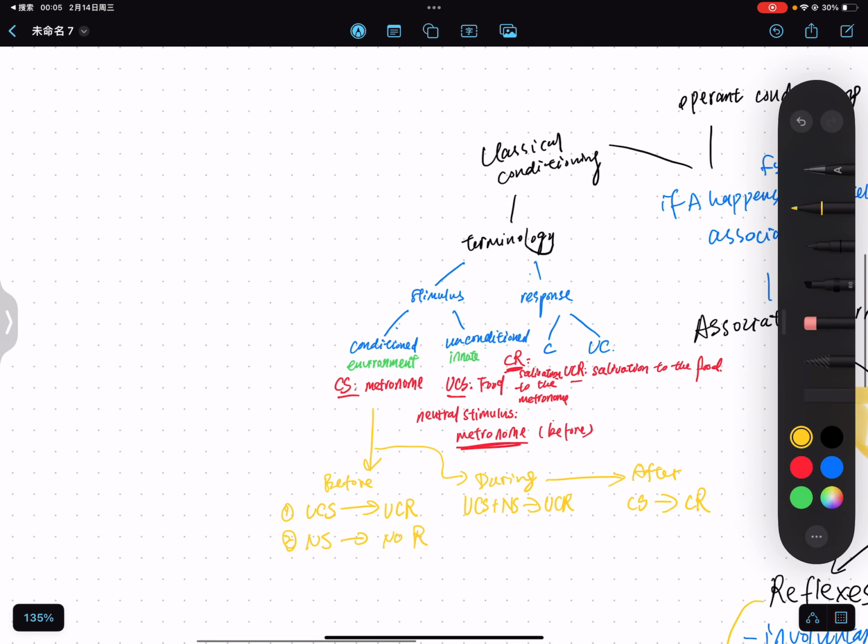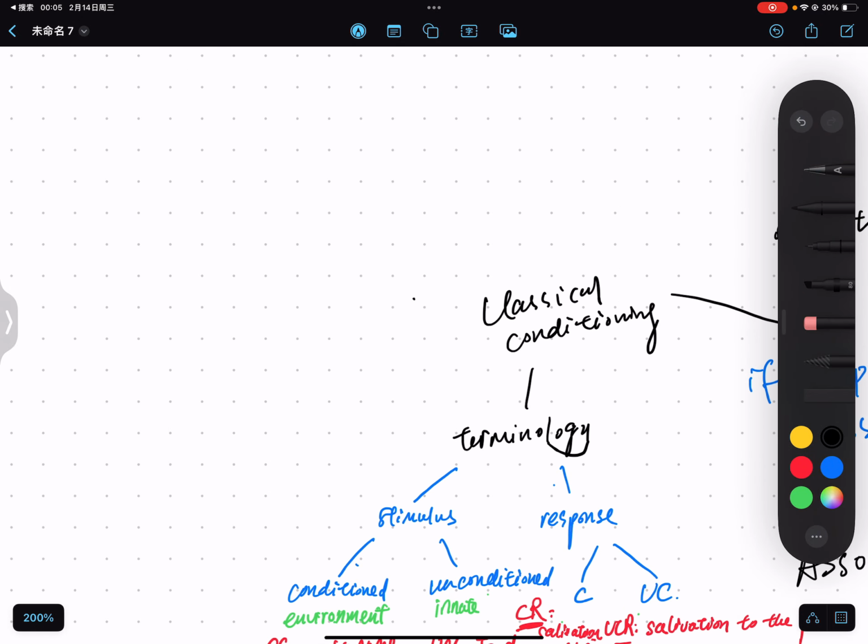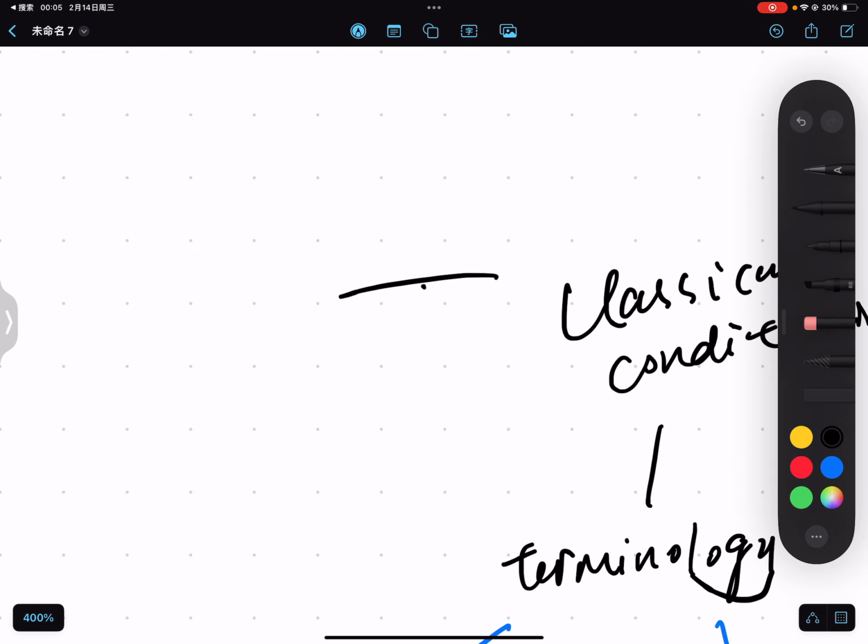And now I will elaborate on other terms. First is the acquisition. The acquisition refers to the development of CR.